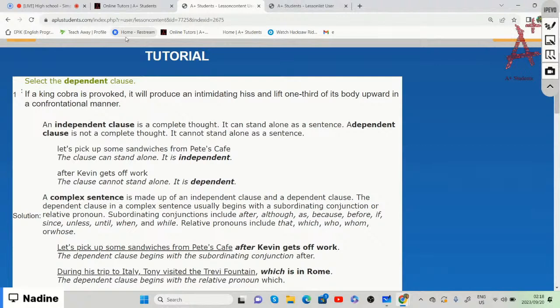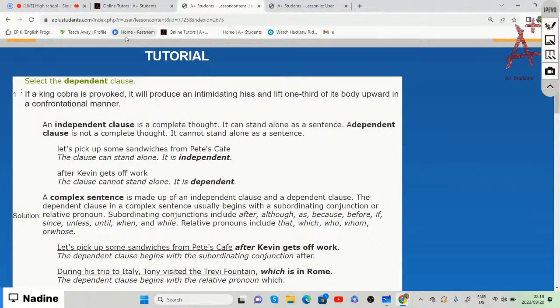The subordinating conjunctions include words like after, although, as, because, before, if, since, unless, until, when, and while.